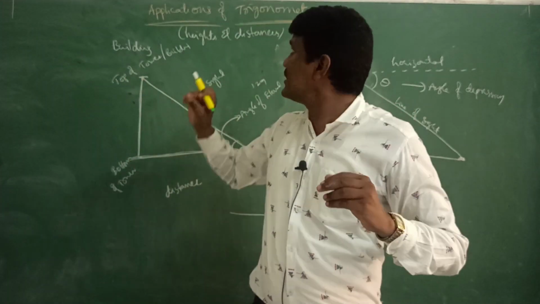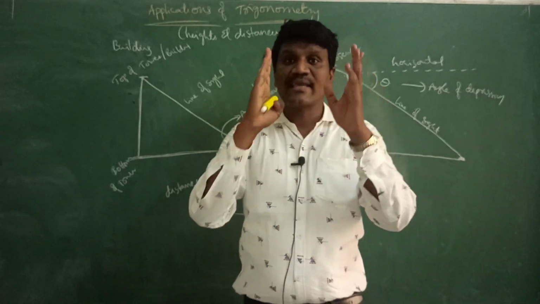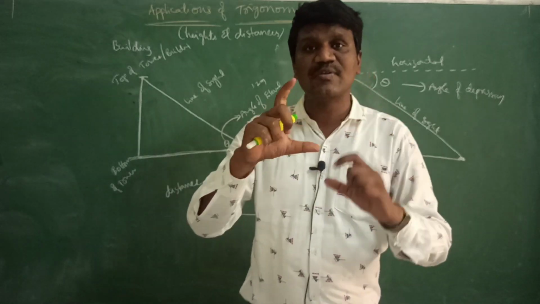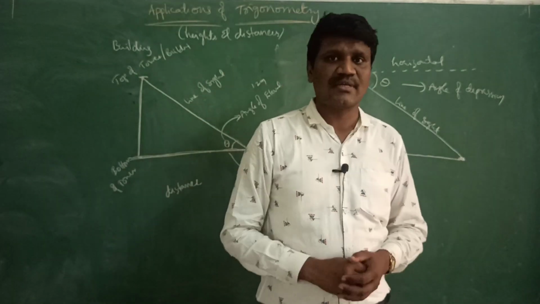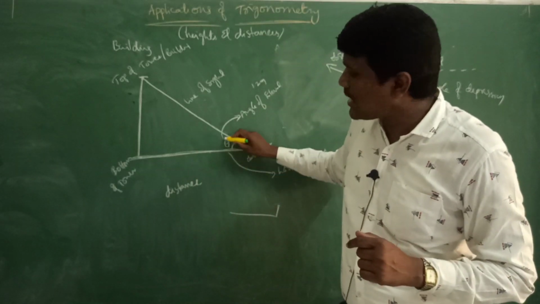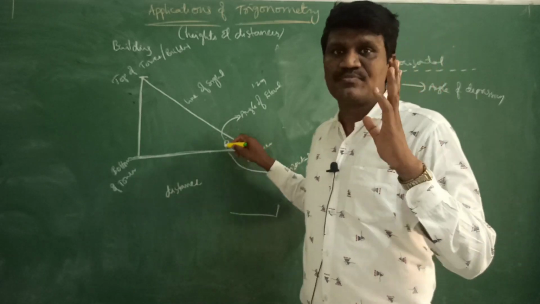The main points in the application of trigonometry are angle of elevation and angle of depression. Angle of elevation or angle of depression always lies between the horizontal line and the line of sight. If the angle is above the horizontal line and below the line of sight, that is the angle of elevation.